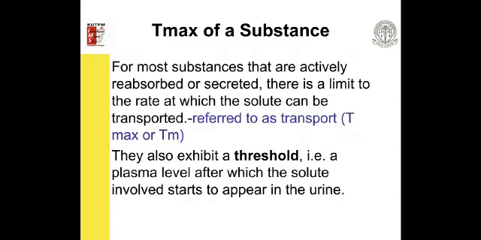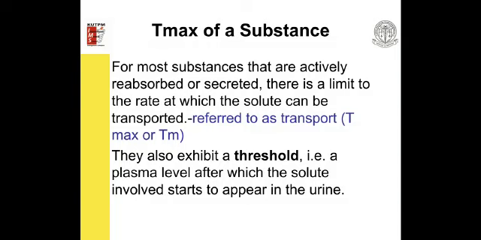The tubular maximum of a substance: for most substances that are actively reabsorbed or secreted, there is a limit to the rate at which the solute can be transported, which is referred to as the tubular maximum. They also exhibit a threshold. For example, in glucose there is a renal threshold, a plasma level after which the solute starts appearing in the urine.